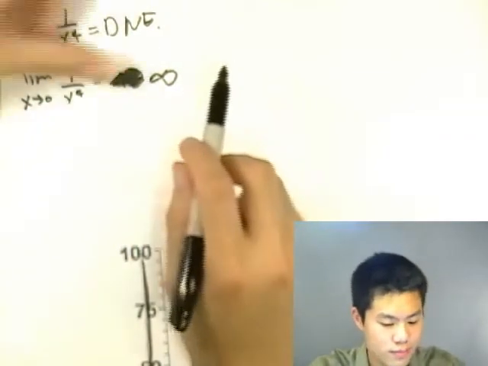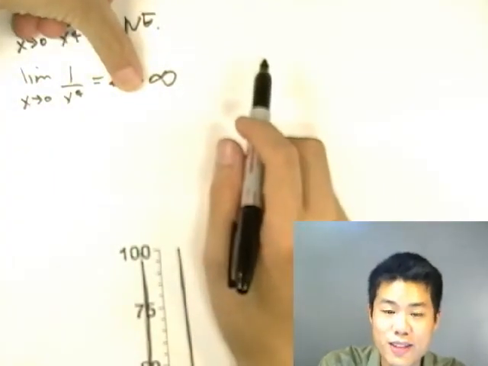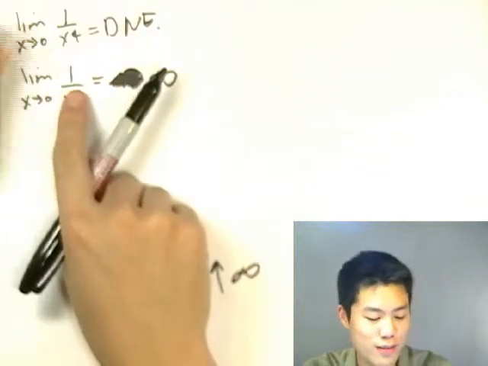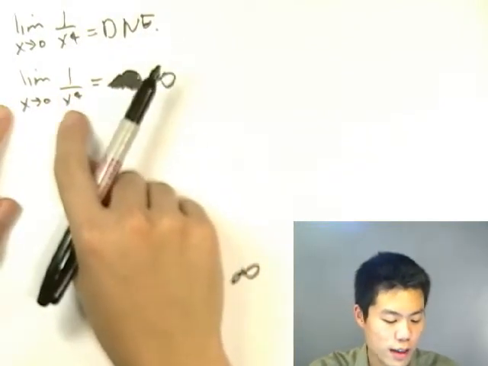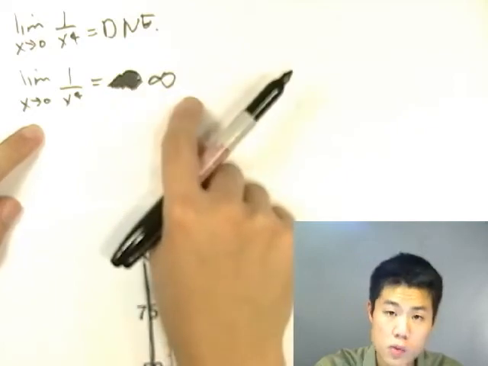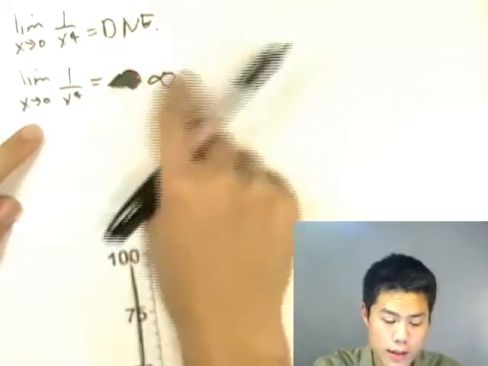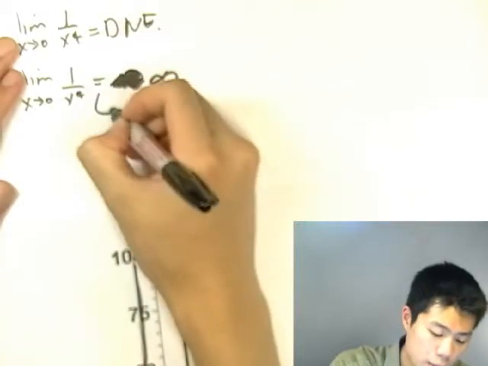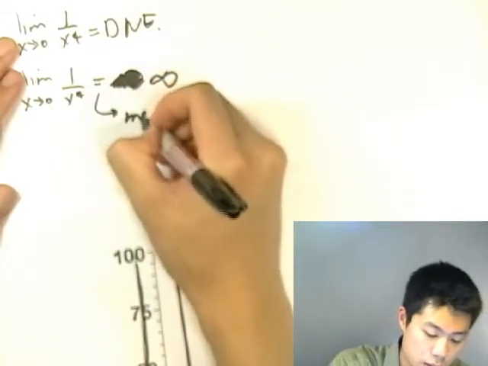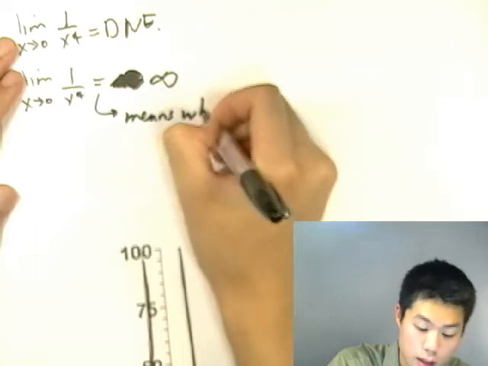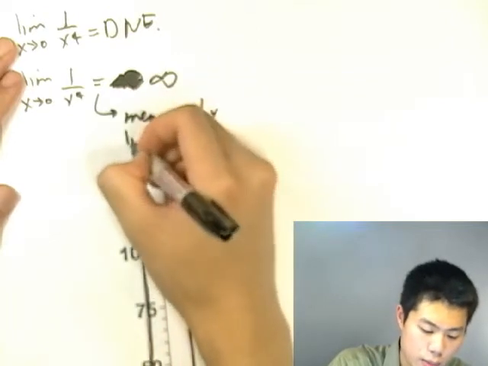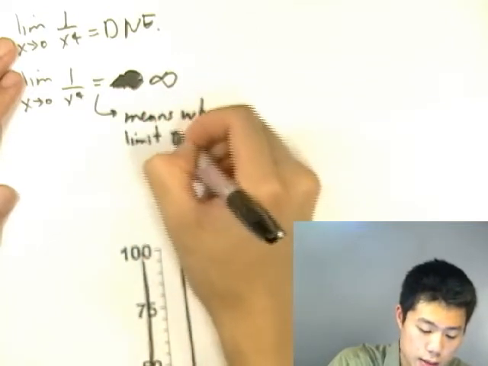Sorry about that. So, the limit of 1 over x to the fourth as x approaches 0, we can write it as an equal sign and an infinity sign. However, we have to keep in mind that this equal sign tells us why the limit does not exist.